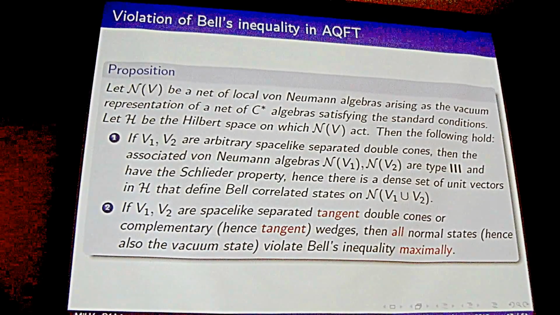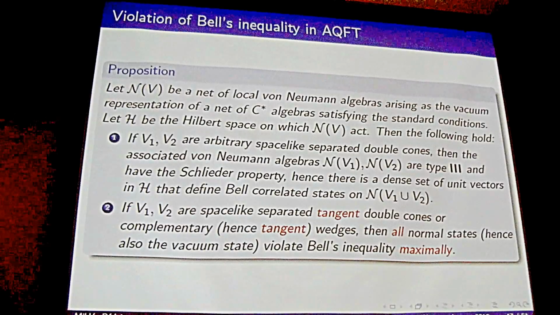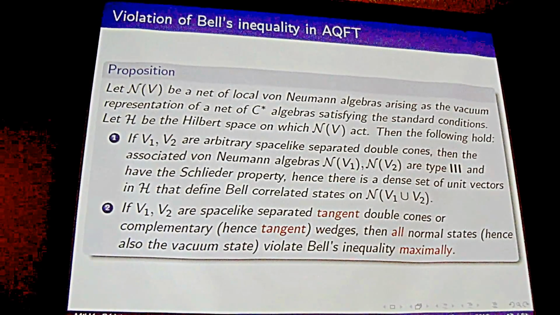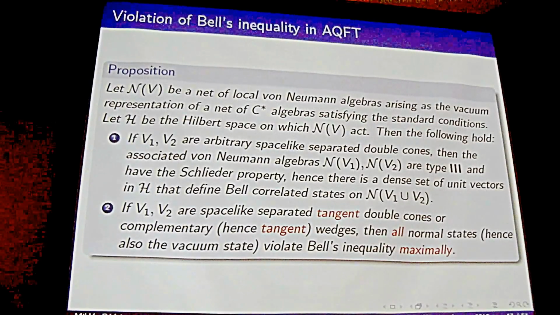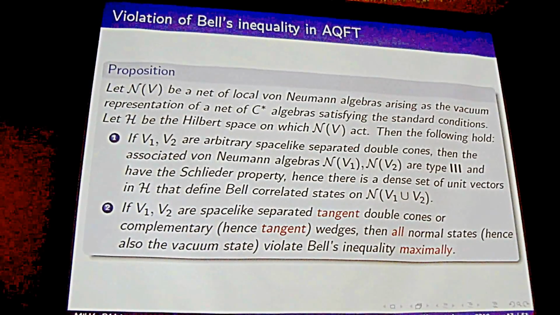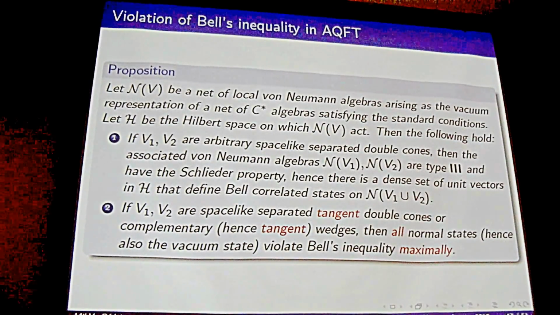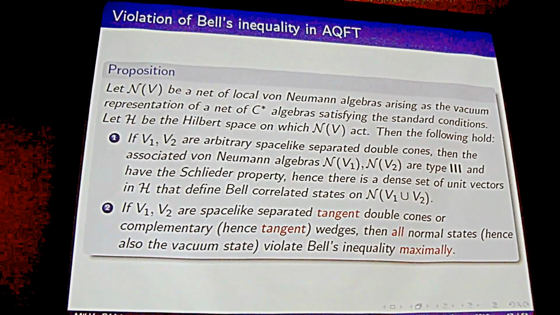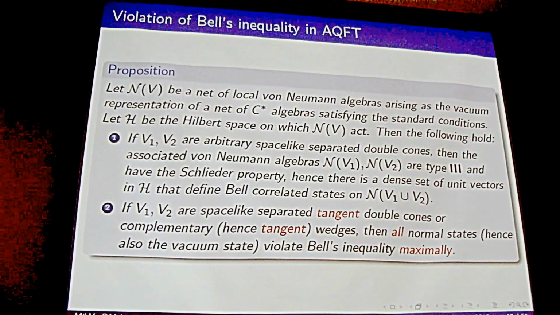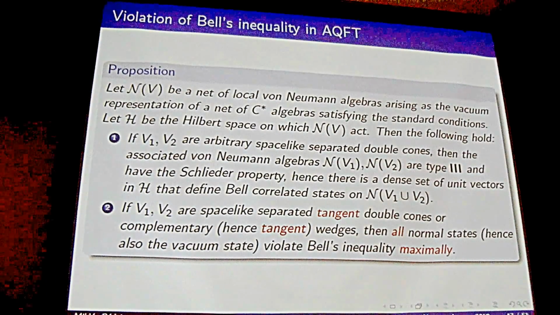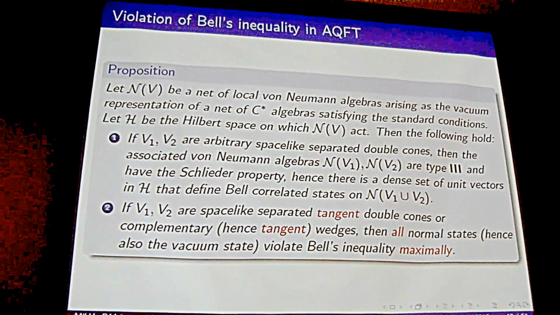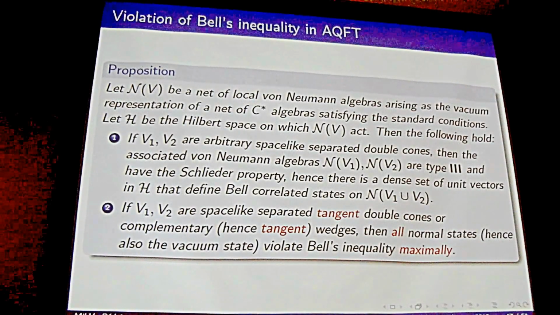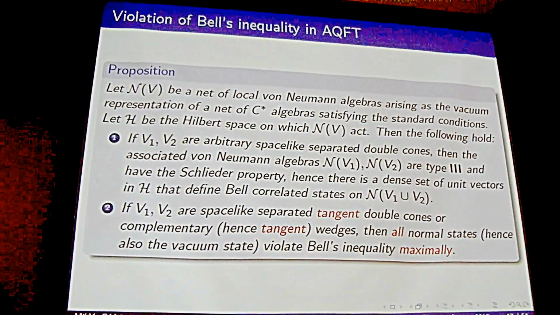So in that case, there is a dense set of unit vectors that define Bell-correlated states on these two. On the other hand, even more dramatic is the violation if these two space-like separated regions are tangent double cones of complementary edges, then Bell's inequality is maximally violated in all normal states, also in the vacuum state.